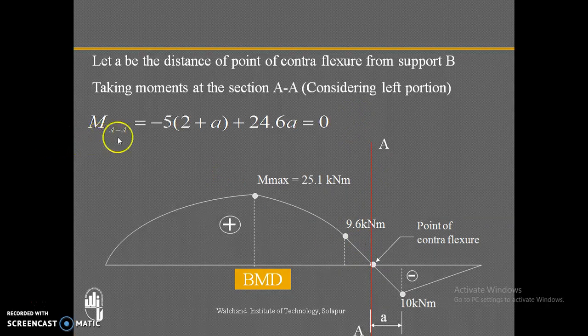Now MAA is equal to minus 5 into (2 plus A) plus 24.6 into A. 24.6 is the reaction at B, and 5 is the concentrated force. It is equated to 0 because the bending moment is 0 here. A is 0.51 meter from B.